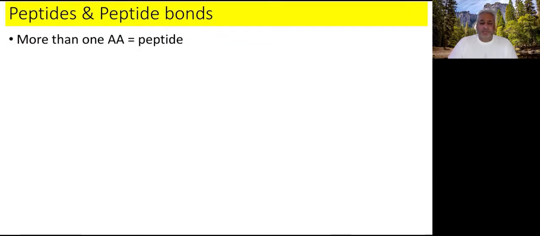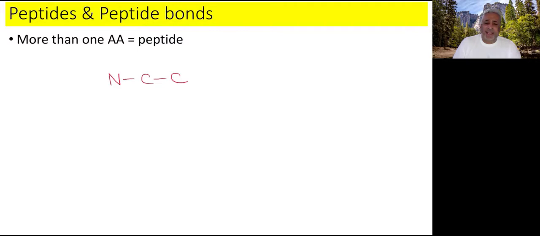Let's now direct our attention to the word peptides. A peptide is simply more than one amino acid bonded with a partner. So we can take one amino acid. Let's consider just the core atoms. So those are the core atoms of the amino acid, the backbone.